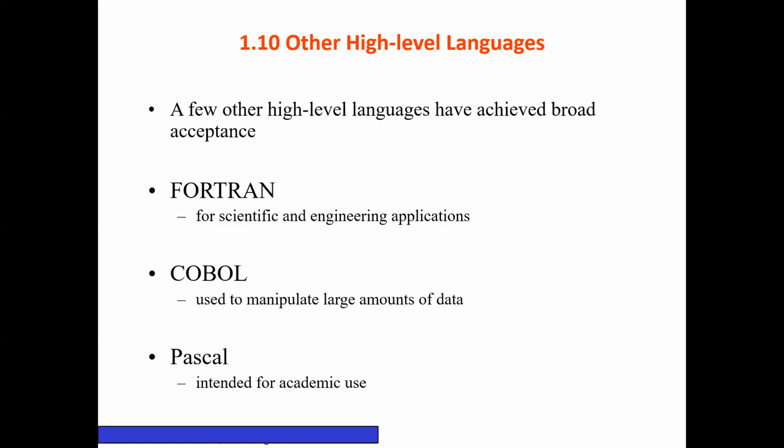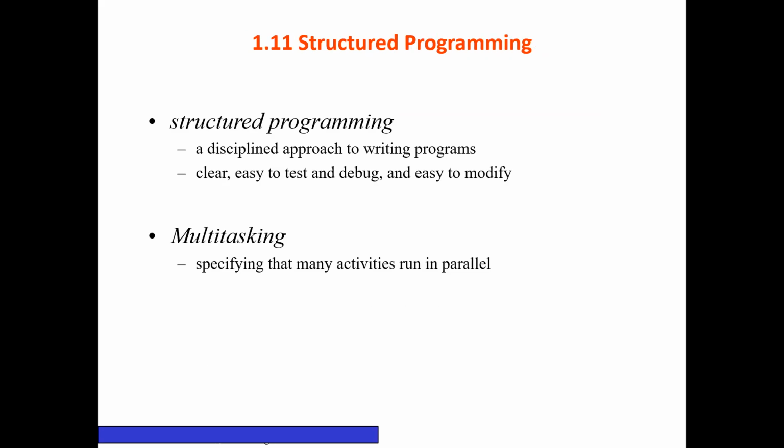And in addition to C and C++, there are many other programming languages available like Fortran, COBOL, Pascal, etc. And we have two ways of programming. Basically, one is called structured programming.